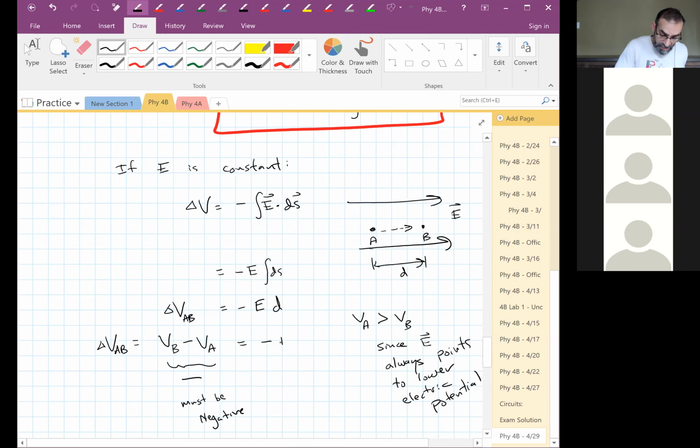So this is negative ED. We got it correct. It checks out. Got the minus sign right.